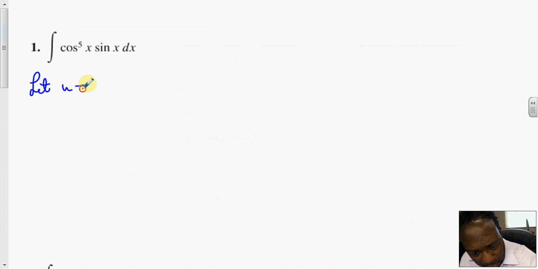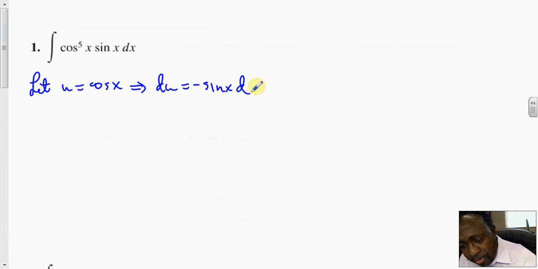Let u equal one of those cosine x's. So that implies that du is equal to negative sine x dx. So negative du is this sine x dx.